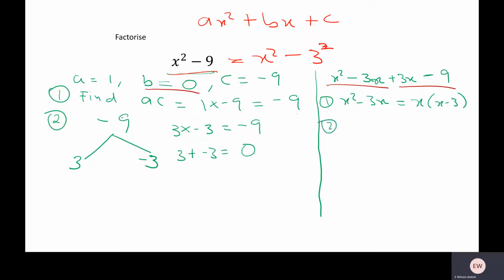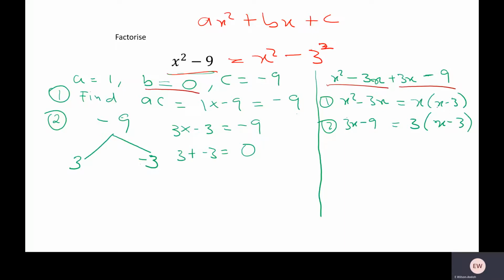Then we take the last two terms, which is 3x minus 9, and when we factorize that, we have 3 out, x minus 3. And when you do your factorization this way, after you factorize the first two terms and then the last two terms, what you have in the bracket must be the same.